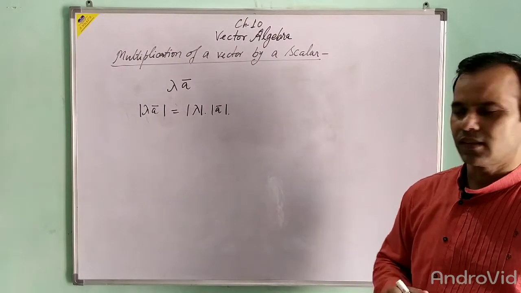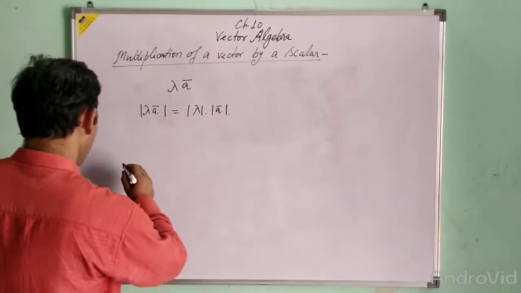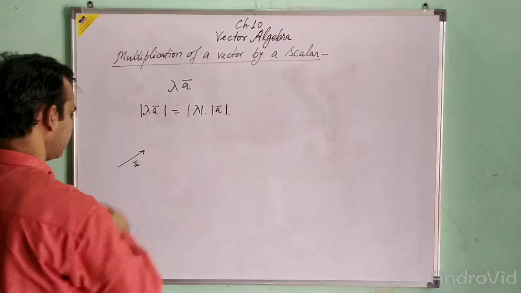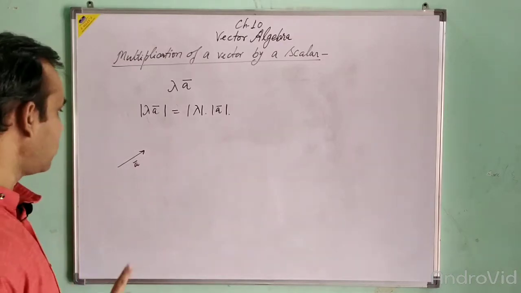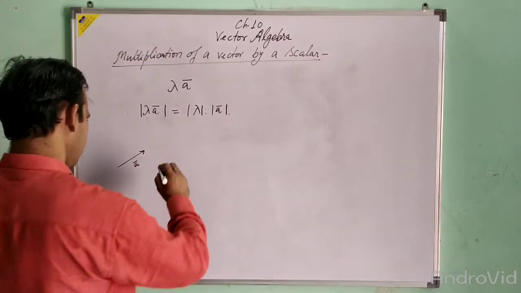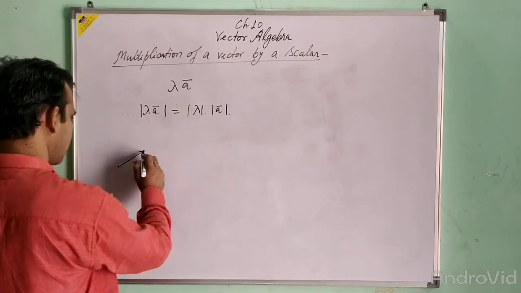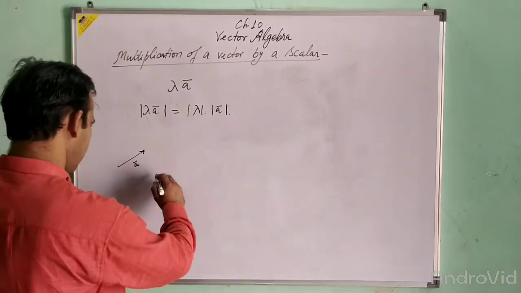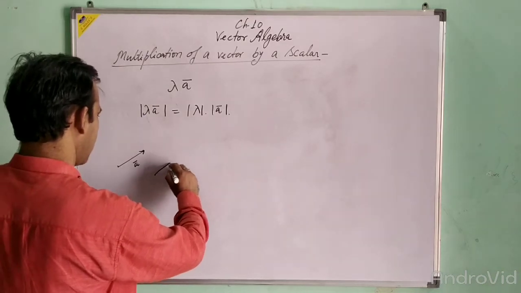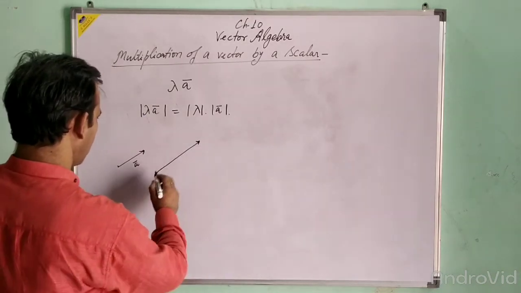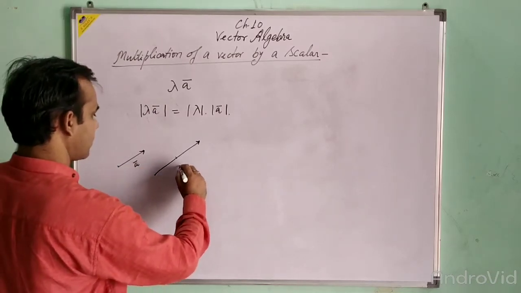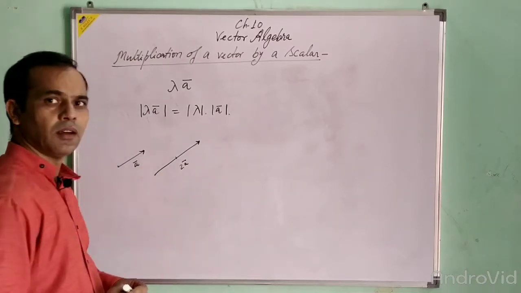Let's take a practical example for this. Suppose this is the vector A. Now how to represent 2A vector? Suppose its length is this. Now we want to represent 2A vector, it means it will be double and its direction is the same as 2 is positive. So we will have to make this double-sized vector, that is 2A vector, here.